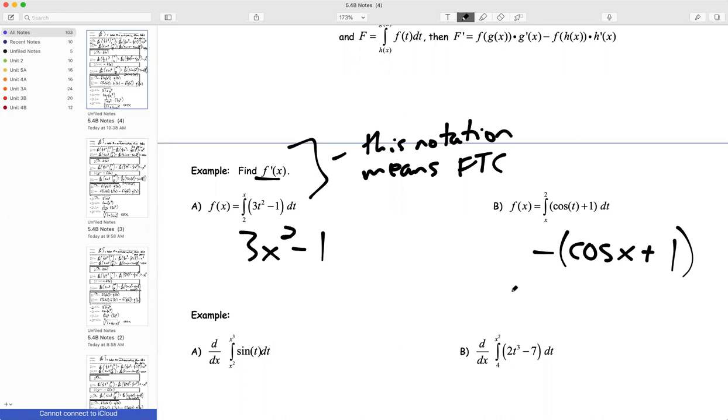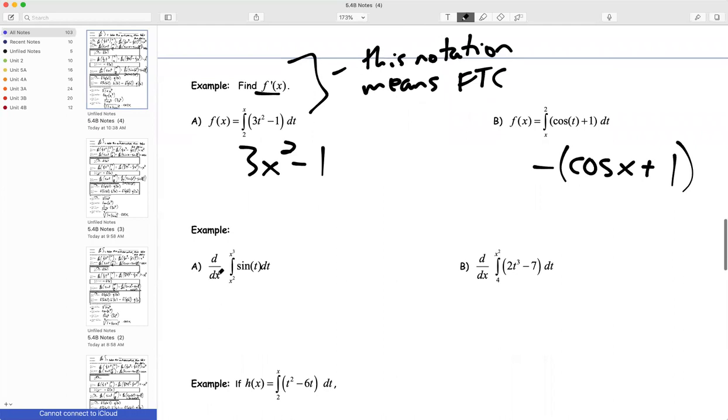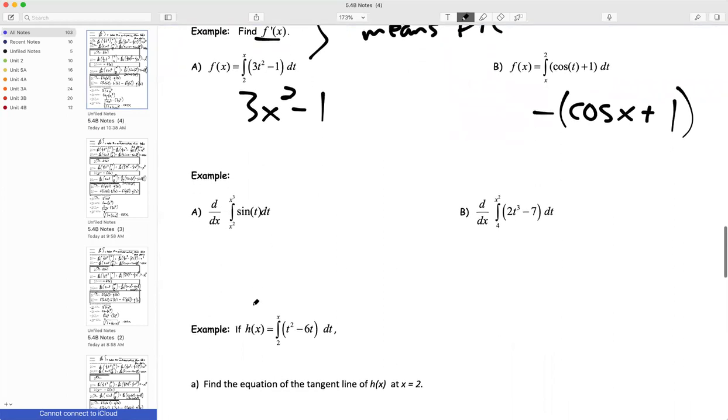Okay. Well, next example, same thing. The notation's a little different. So I'm taking the derivative of the antiderivative, but I'm still going to use the shortcut. So I plug in x cubed. And I multiply by the derivative of the bound, which is 3x squared.